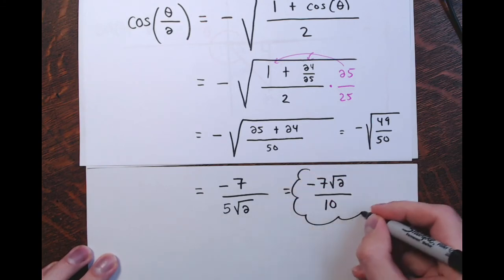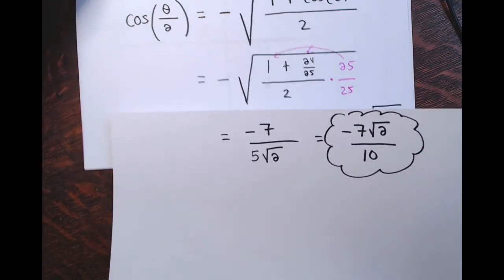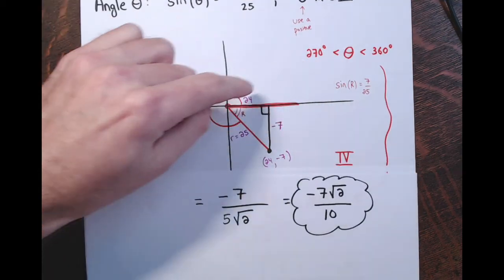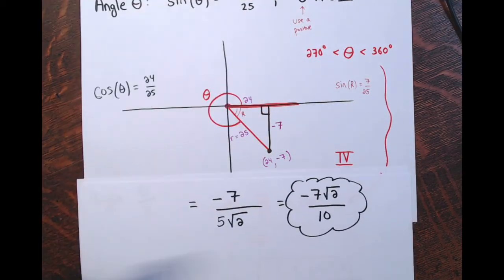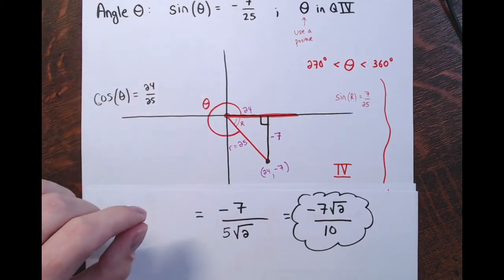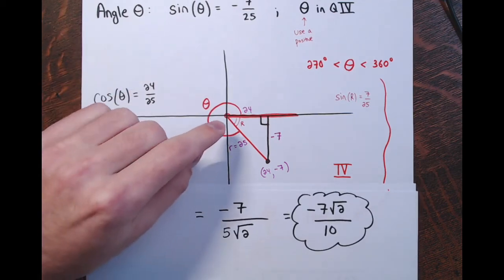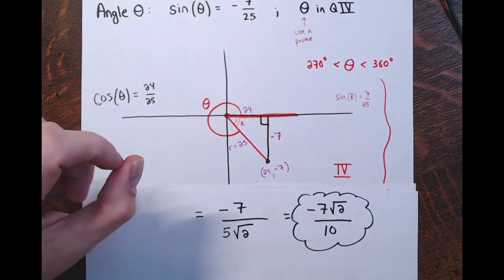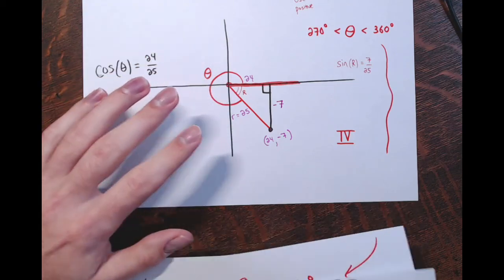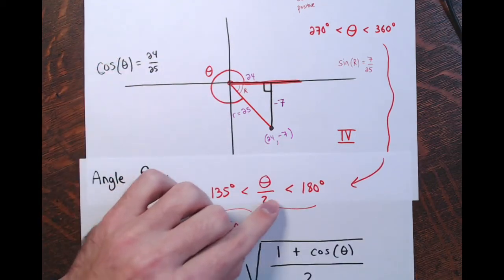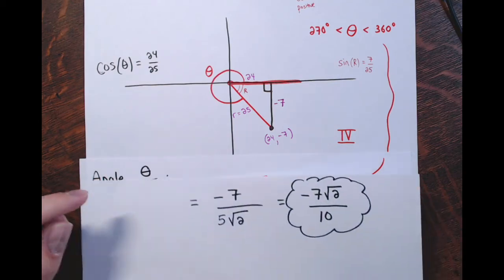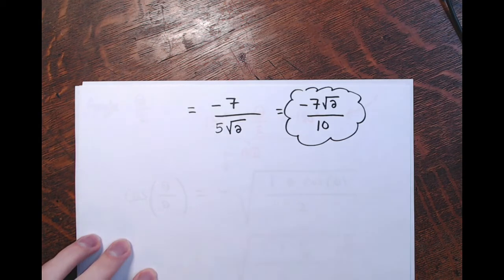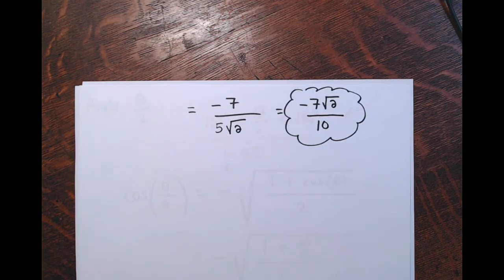So this, if my drawing is correct, is the case if the angle they're talking about was positive, which again they should have mentioned. I wish they had written it differently. I'll send some feedback to Newton. But if it was positive, if it was something between 270 and 360, half of it would be between 135 and 180, so the cosine would be negative, and the cosine of that half angle would be negative 7 times the square root of 2 over 10.